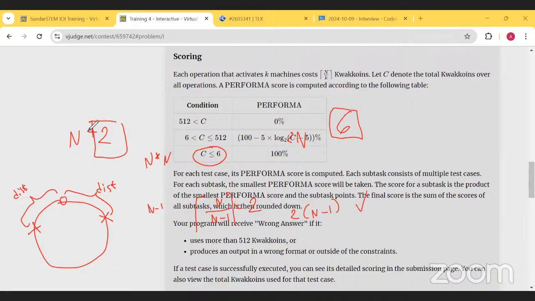So our solution is still not very efficient, because this is around 200 points. So how to improve the solution in order to get just 6 coins?